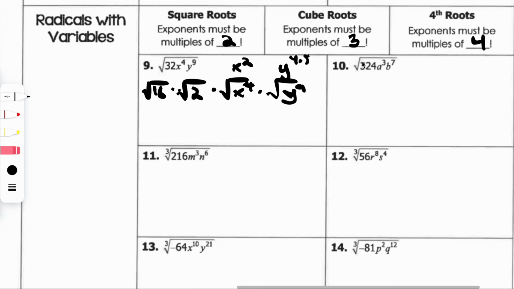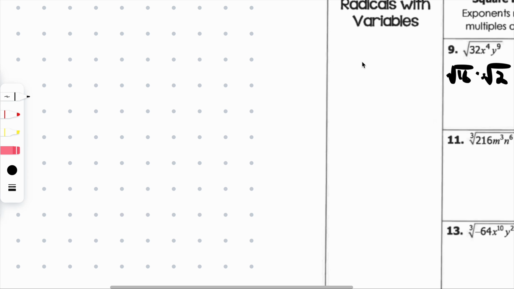Now, we would not really say something's raised to the 4.5 power, but I'm going to show you something here. Y raised to the 4.5 power is going to be equal to y raised to the 4th times y to the 1/2 power. Because we have the same base and we're working backwards from our exponent rules, since we're multiplying, we would add these two exponents and we get 4.5.